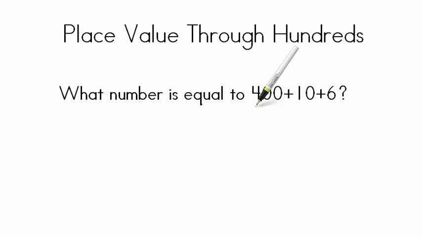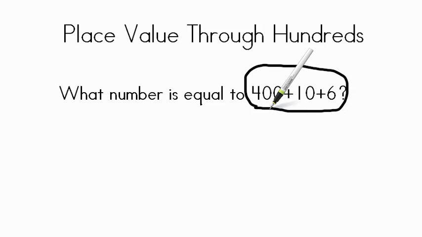Okay, so the question reads, what number is equal to 400 plus 10 plus 6? So if we slide these numbers all together, if we're smushing them all together, what number do we have? Well, in the hundreds, we have a 4 because there's 400. Then we have, how many tens do you see there? Just 1 ten. So the number 1. And how many ones do we have? We have 6 ones.